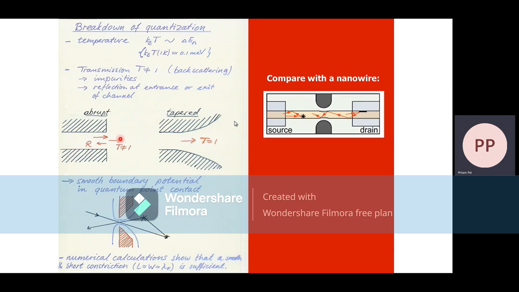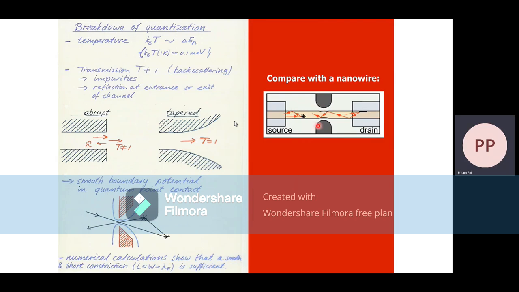But if you have semiconductor nanowires, as shown here, in this case, you can try to tune basically a quantized constriction here. But as the electrons leave, they have such a small area to travel through that any small defect will cause the reflection back, and the electron will be scattered back into the constriction.